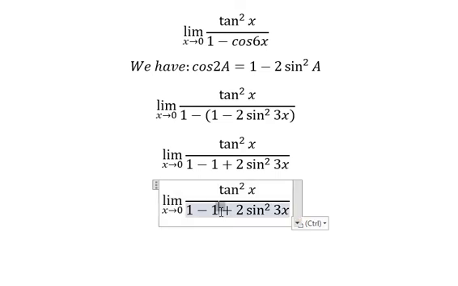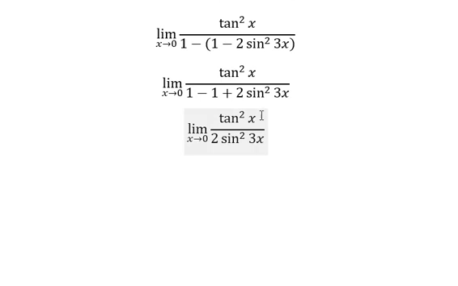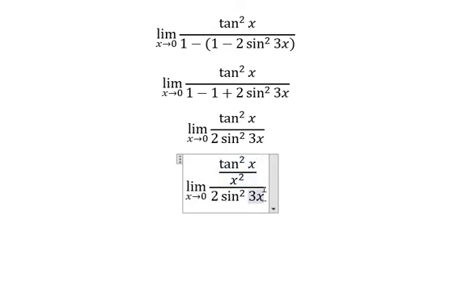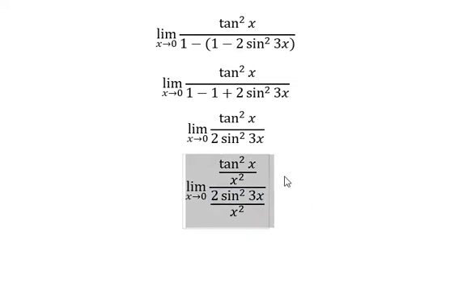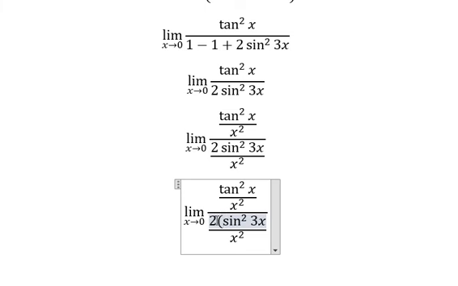1 minus 1 we cancel. And now we divide by x squared on numerator and denominator. Next, I will put number 9 on numerator and denominator.